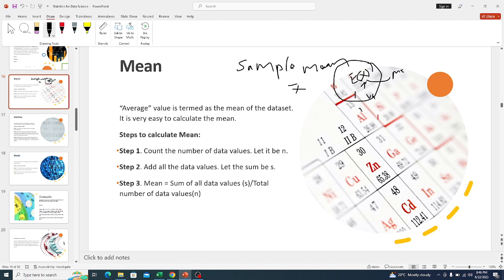Then the third derivative, we usually call it skewness. Skewness is the third derivative of expectation of x, and the fourth derivative is kurtosis. You can go and confirm that about those derivatives.